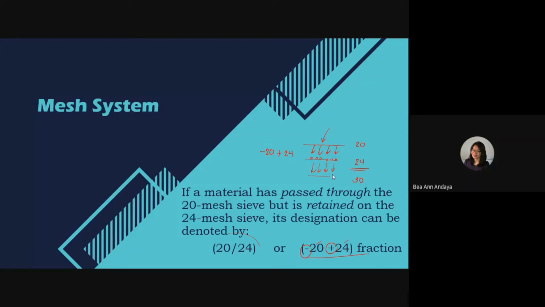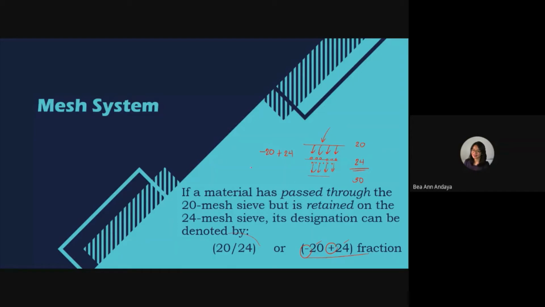When we identify the materials in the next screening, since the screening continues, some material will still pass through this part, and they are no longer the oversize but the negative, or the undersize, of 24.